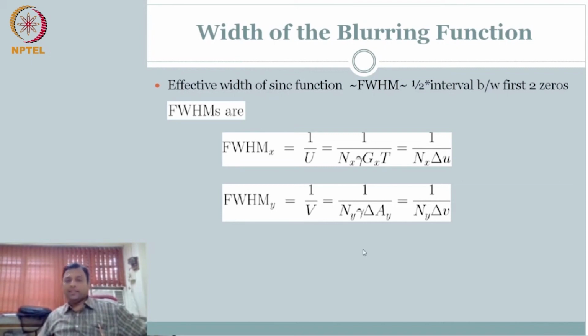So you already see that if I have more N x, more number of samples and finer step size, this combination goes up, this value goes down. What do we want? This value to go down means better resolution. Full width half maximum should go less and less, right? That is what is better for us, which indicates better resolution. Our point spread is less. So it is inversely related here.